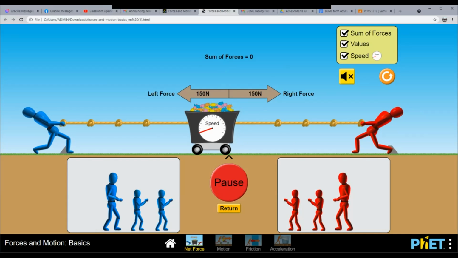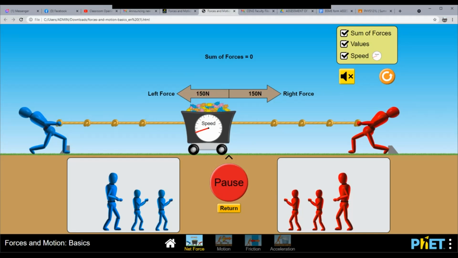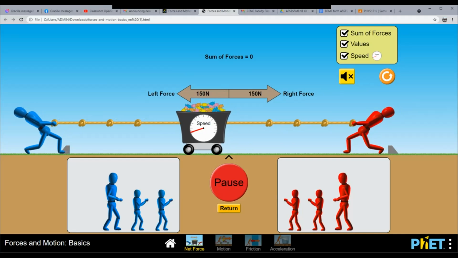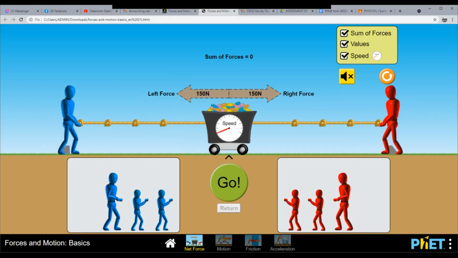Because the same left and right force, let's return it. If both the left and the right force have 150 Newton each pulling, kung itong red, nagpo-pull din siya, and dun sa left, pull din yung force natin, both at 150 Newton.